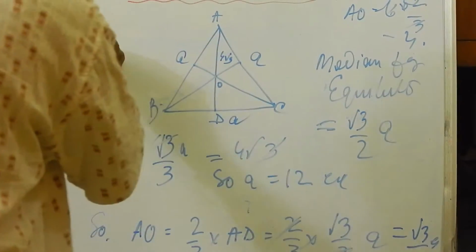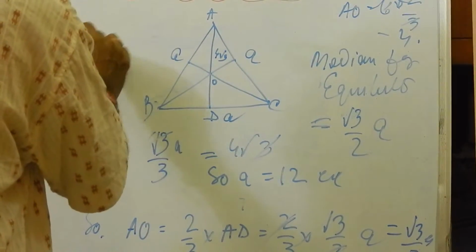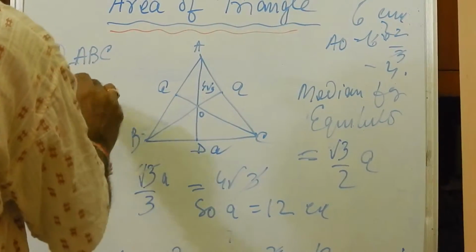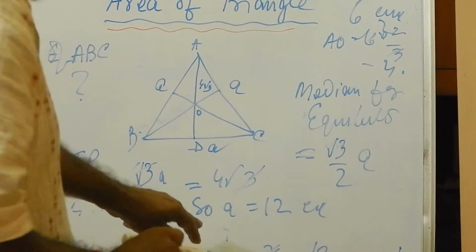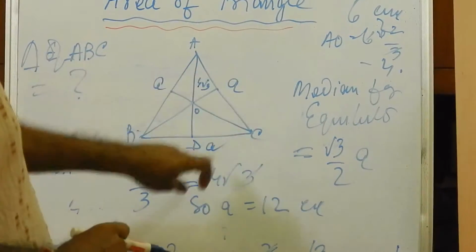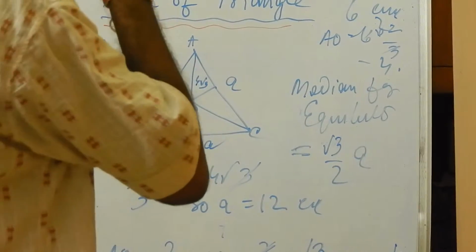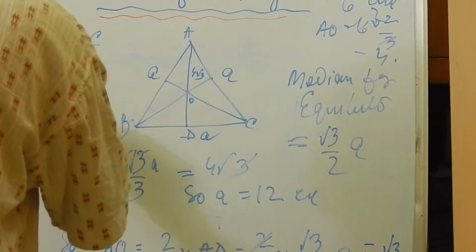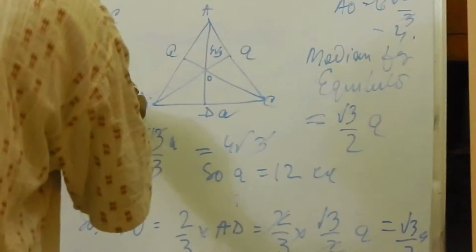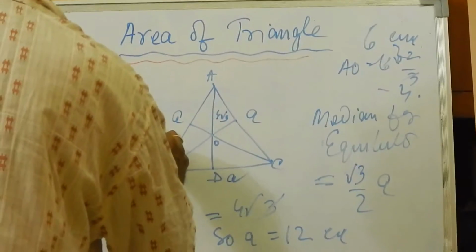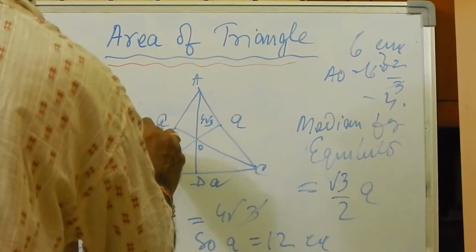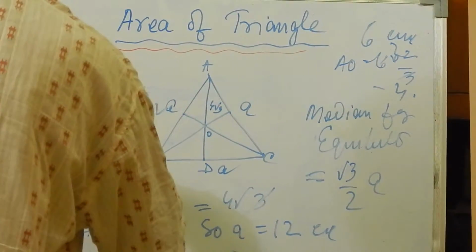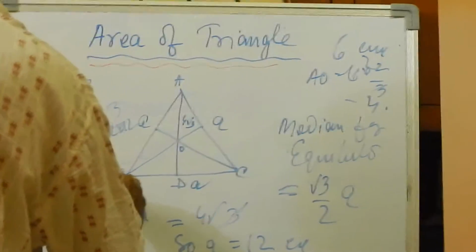And what is required? Area of ABC. Area of ABC, it was required. So A's value is 12, all these sides are 12. And what is the formula of area? Root 3 by 4 into A square equal to root 3 by 4 into 12 into 12 equal to 36 root 3 square centimeter.